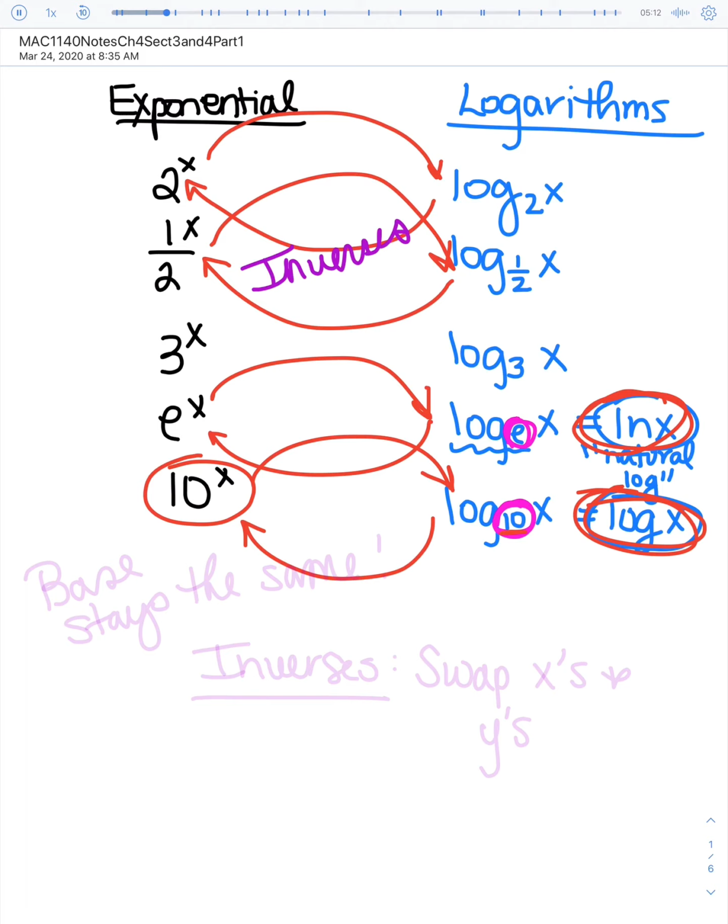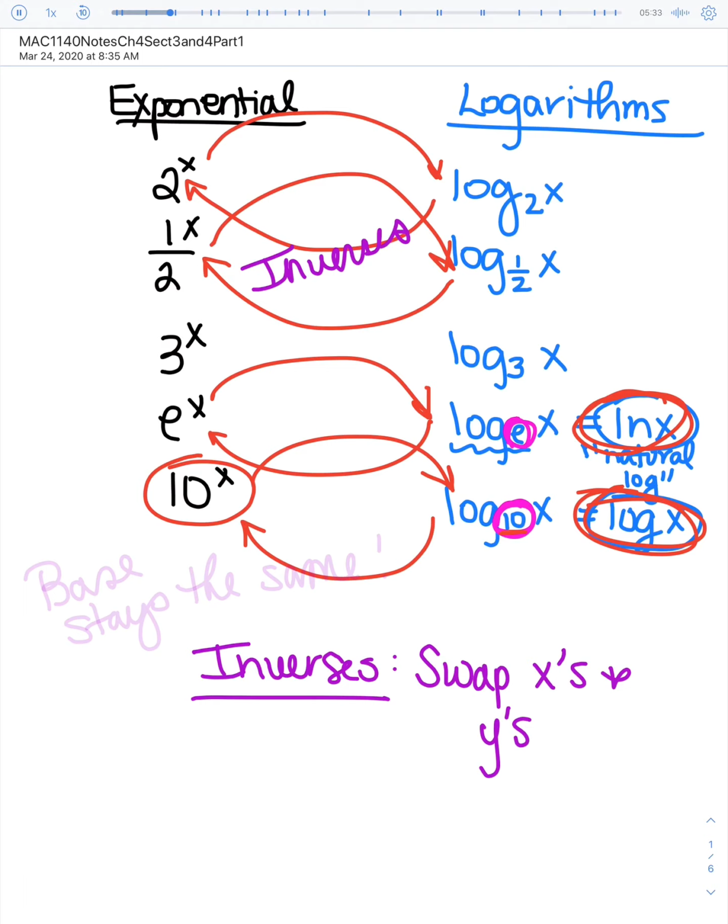How do you find inverses? Remember, for inverses, you swap x's and y's. That's how you find your inverses.